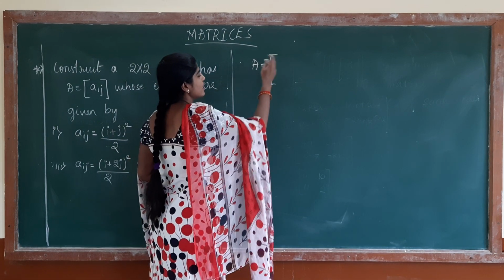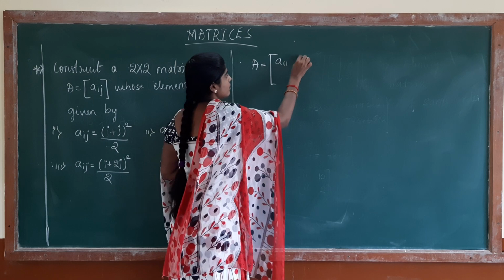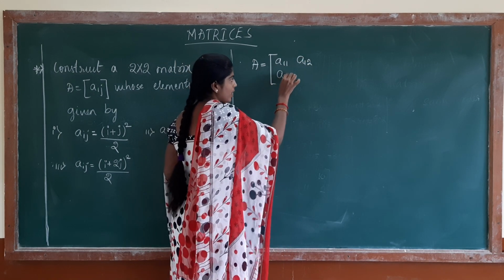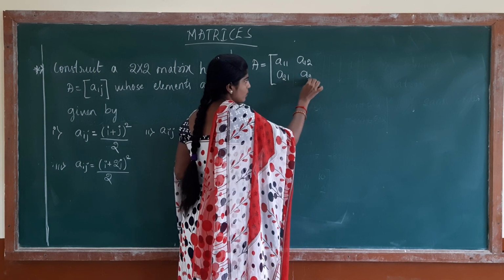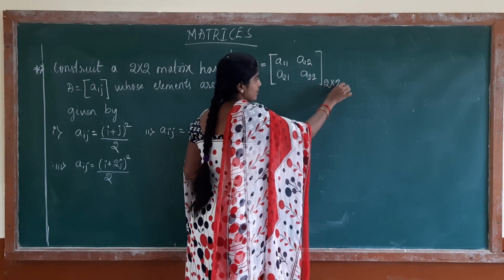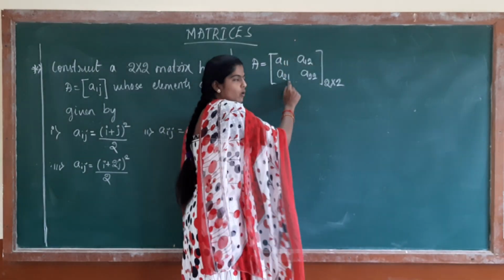It contains the elements A11, A12, next is A21, A22. It is a 2 cross 2 matrix because it contains 2 rows and 2 columns.